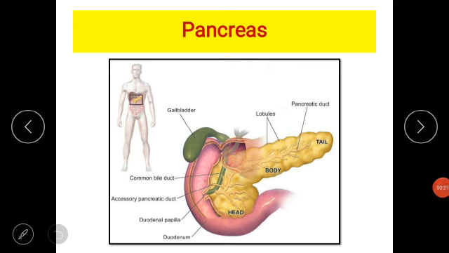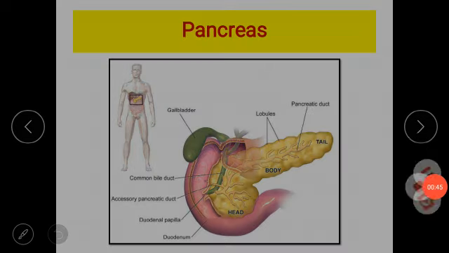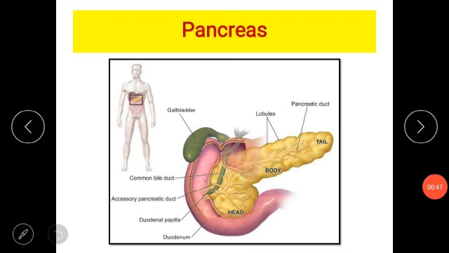The next point is pancreas. The image that I have shown you in the slide is of pancreas, and the yellow colored gland that you can see is a pancreas. So the pancreatic gland is attached to the small intestine.